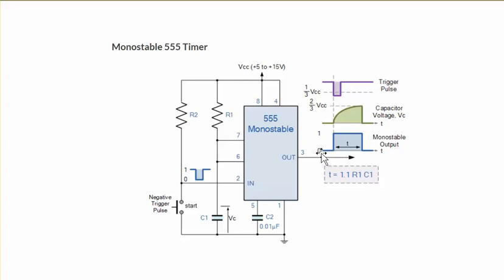That develops the waveform for the monostable multivibrator at the output pin number 3 of the 555 timer. The time period is calculated as 1.1 into R1 into C1. This is the output of the monostable multivibrator, this is the capacitor charging and discharging, and this is the triggering input which we provide.